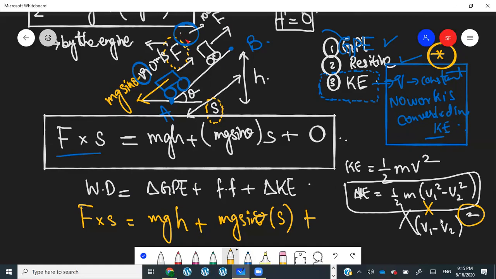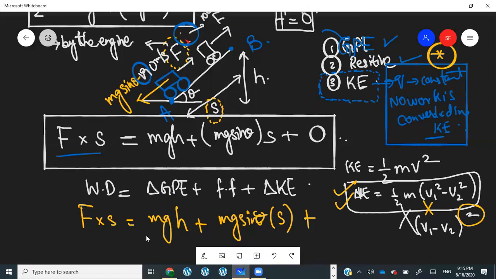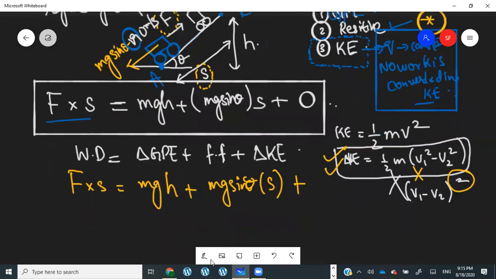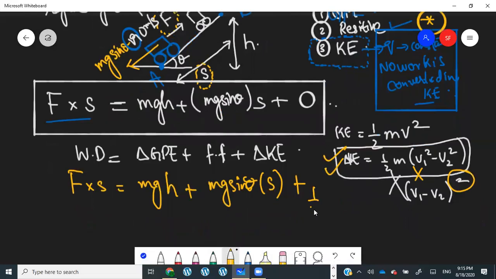If you use both of them, they'll give you different answers, okay? And this is the correct one. Add this over here as well. It's going to be half m times v squared minus u squared, or v1 squared minus v2 squared. Final minus initial.